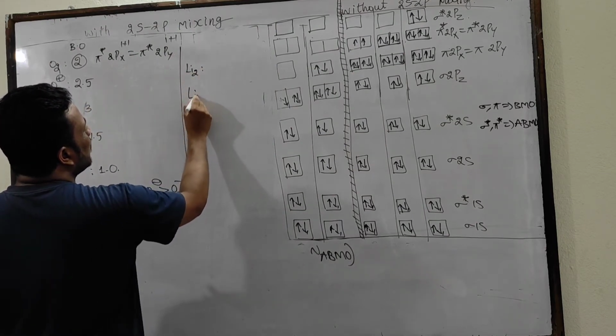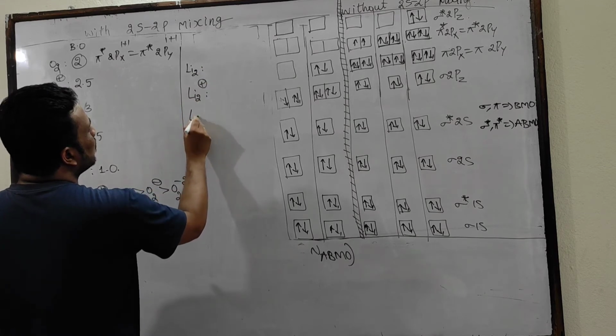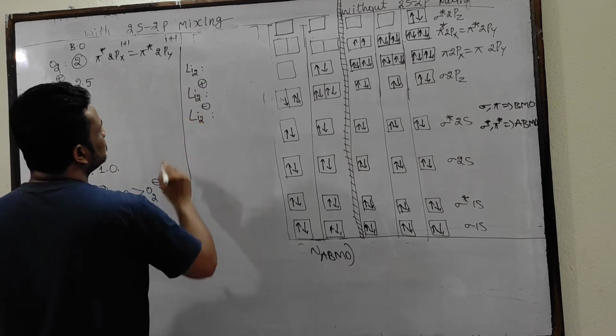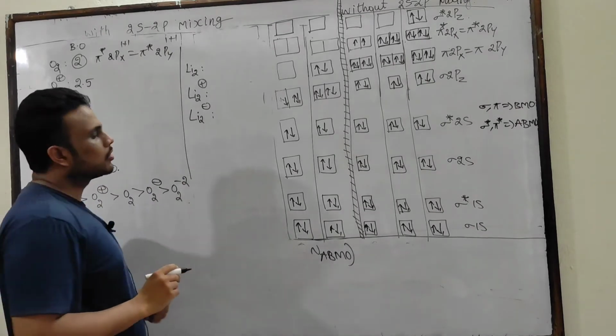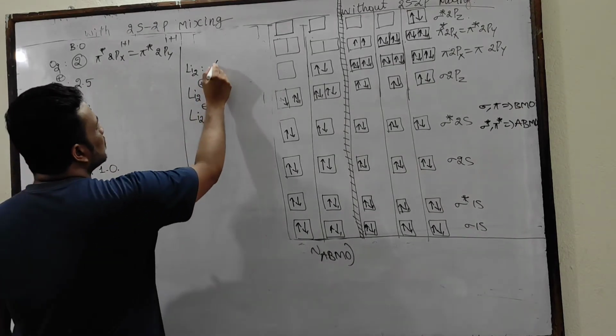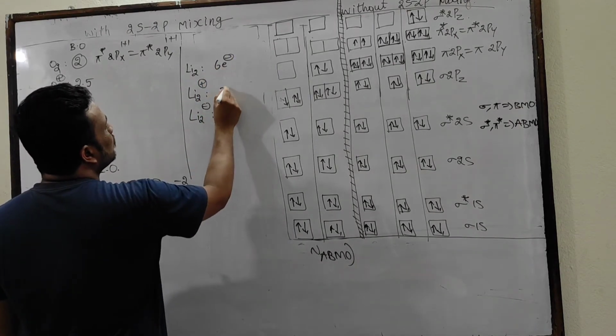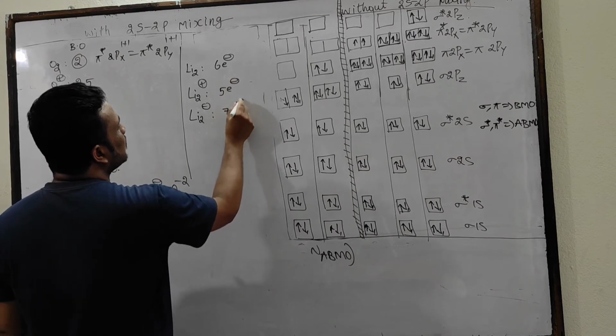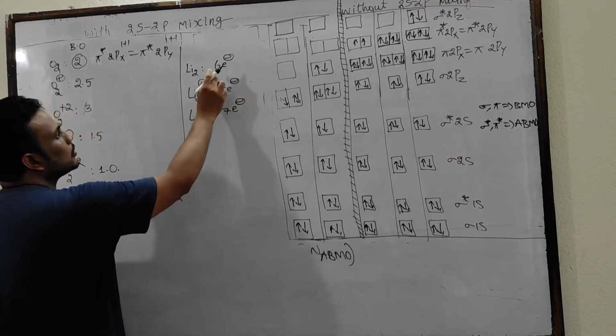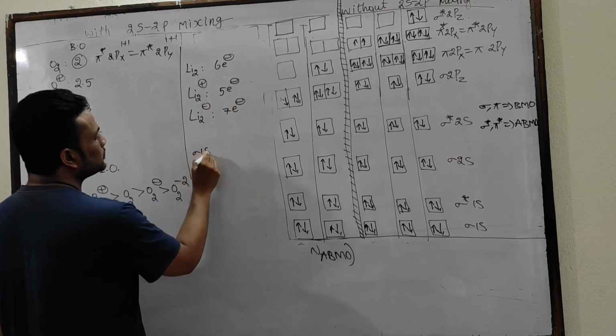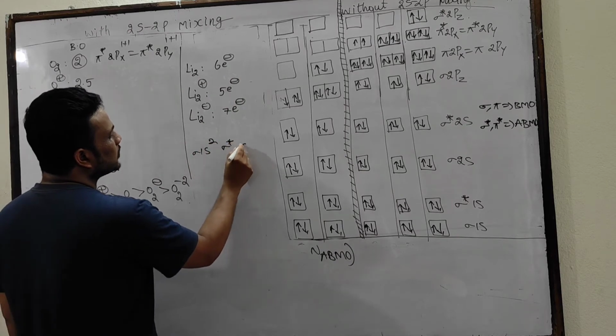Take Li2, Li2 plus, and Li2 minus. How many electrons are there in Li2? 6 electrons. Li2 plus has 5 electrons, and Li2 minus has 7 electrons. With 6 electrons you know the configuration: sigma 1s2, sigma star 1s2.